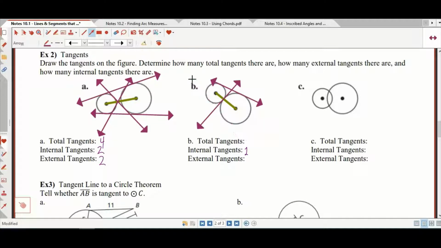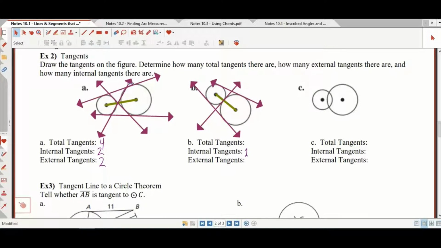It's easier when you have a ruler, which, by the way, I hope you have today. You're going to need a straight edge and a compass or some way of drawing a circle in order to do today's lesson. I should have mentioned that at the very beginning, but I did not. Sorry. And so there's two external tangents, and that leaves a total of three lines that are tangent to both circles.